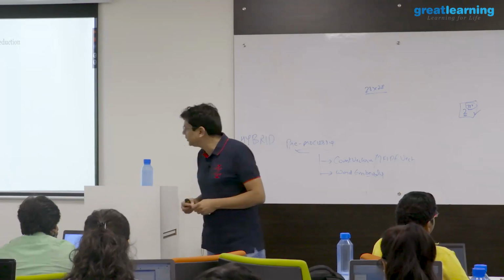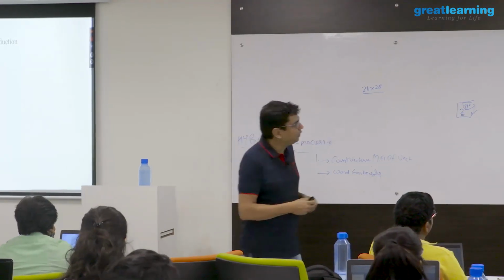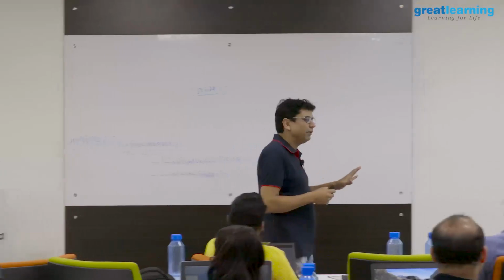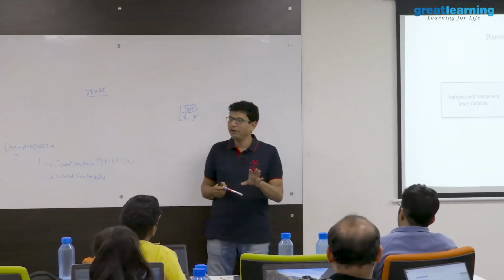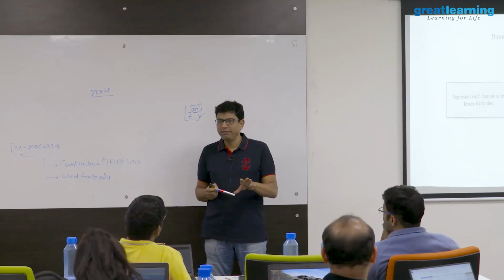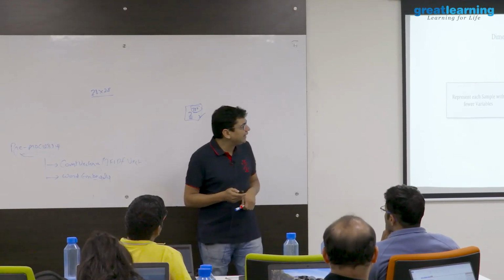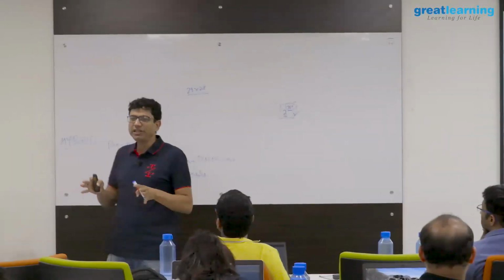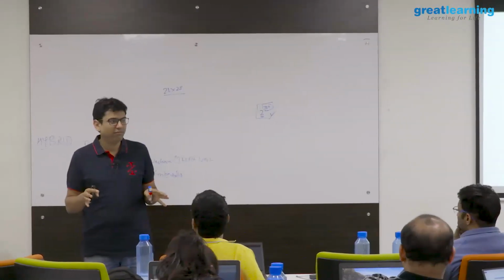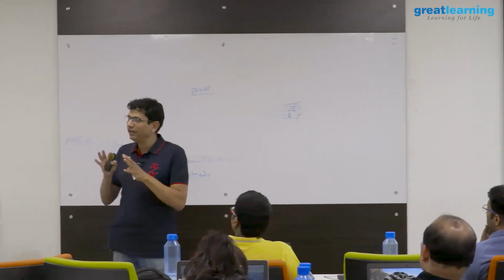So what are the goals? First of all, the goal is that we want to represent each example in our data with fewer dimensions or fewer variables. Second, we should be able to preserve most of the information that is in the data. We do not want to throw away the information.